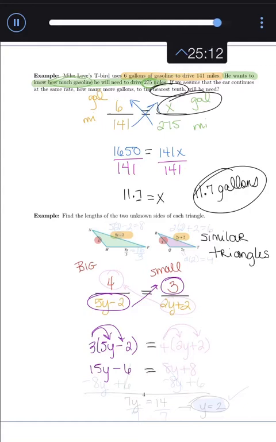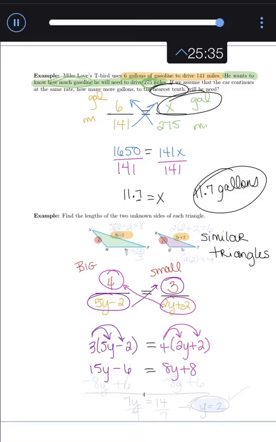You still have to do the other side, which means I have to multiply the 2y plus 2 to the 4. So I've got a 4 times our 2y plus 2, which again means I need to distribute. This time we're distributing a 4. That will get us 8y plus 8.